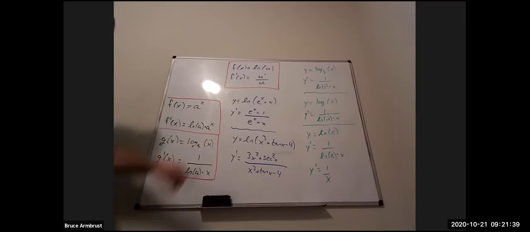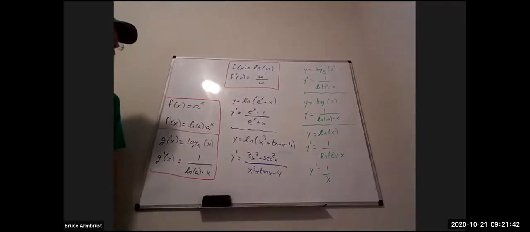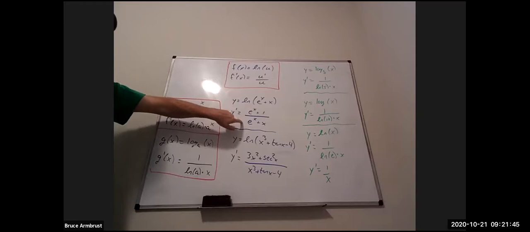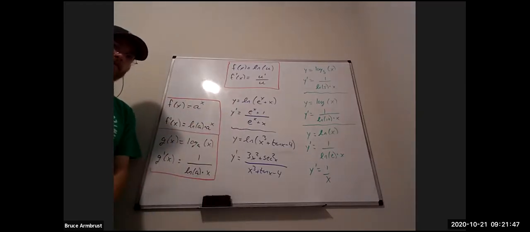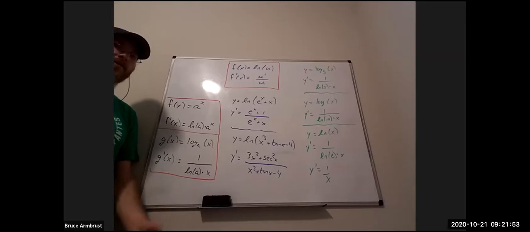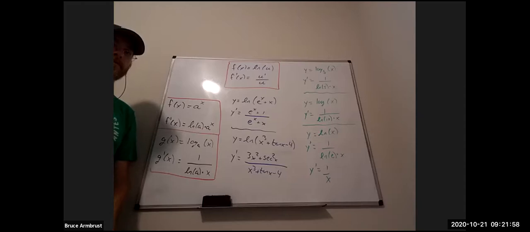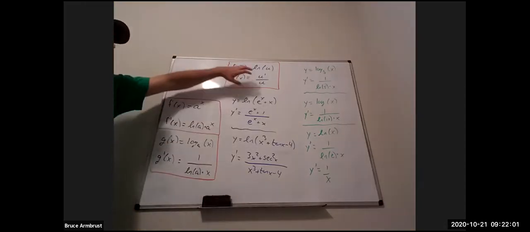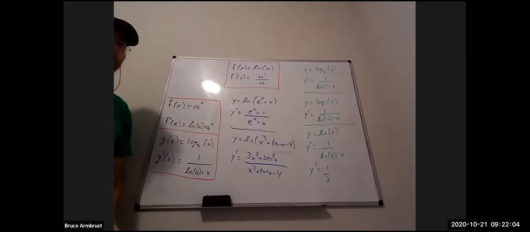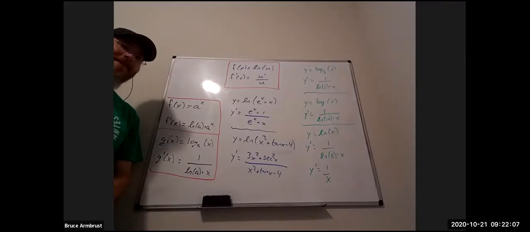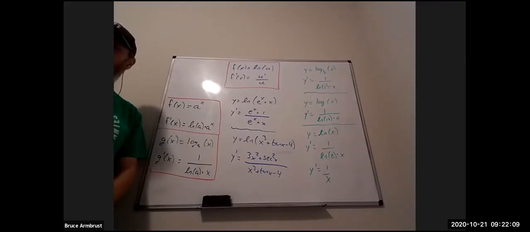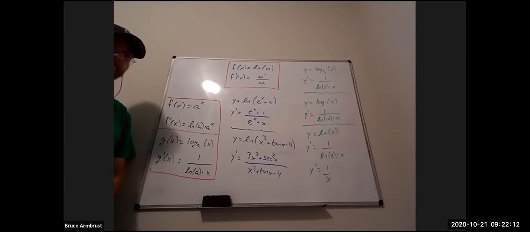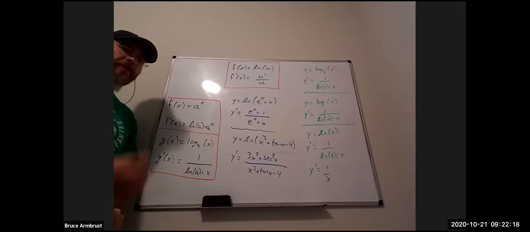So if this was like log base 2 of e to the x plus x, we'd still get this, but we'd need a natural log of 2 on the bottom. Or if it was log base 1/3, there'd be a natural log of 1/3 on the bottom. So this exactly only works for natural log. But if it's a different base, you're only off by that multiple of the natural log of the base. Does that answer your question? Yeah, okay, cool.